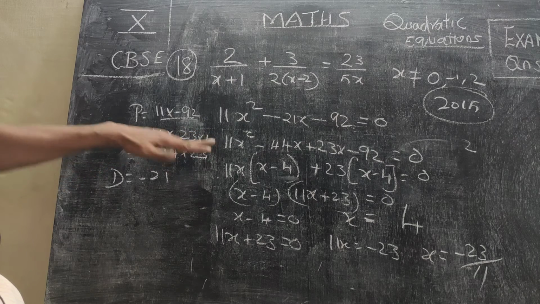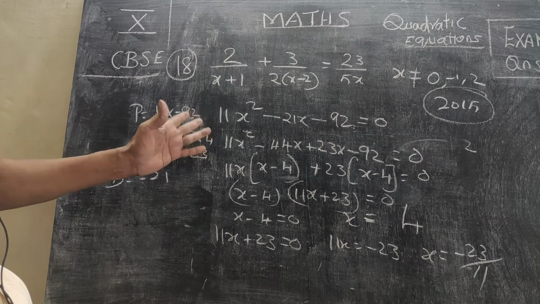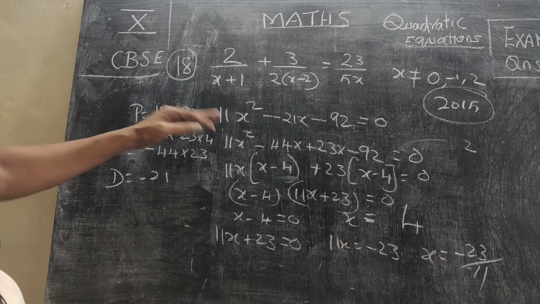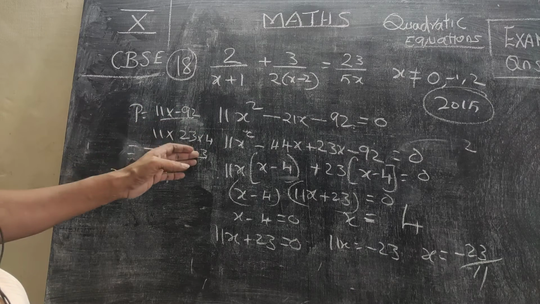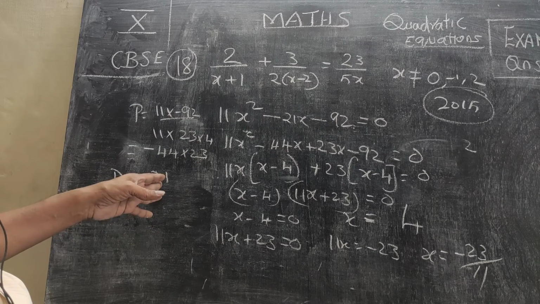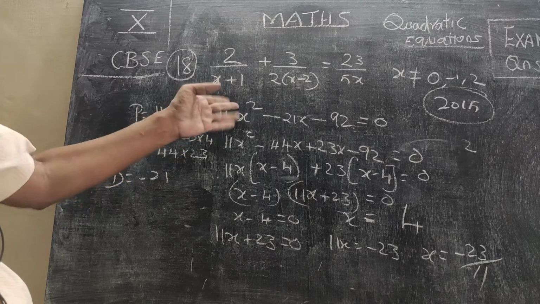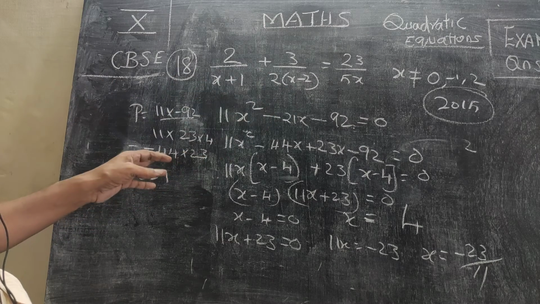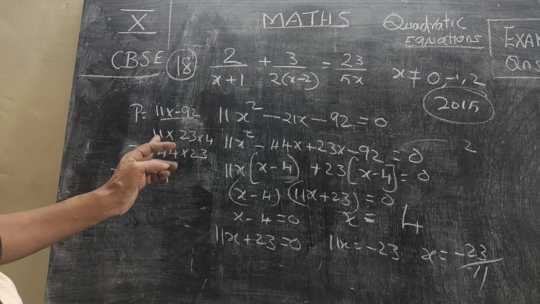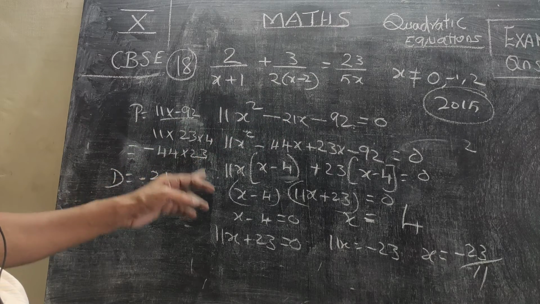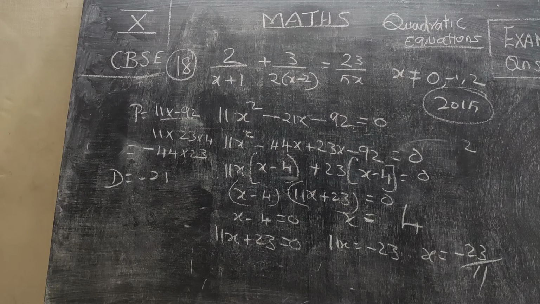Stop with that and try all combinations. 11 into 4 I am doing 44 into 23. So the difference I am getting is minus 21. So product I got and difference also I got. So minus 21 can be rewritten as minus 44x plus 23x, and then the problem is becoming very easy. Hope the problem is very clear.